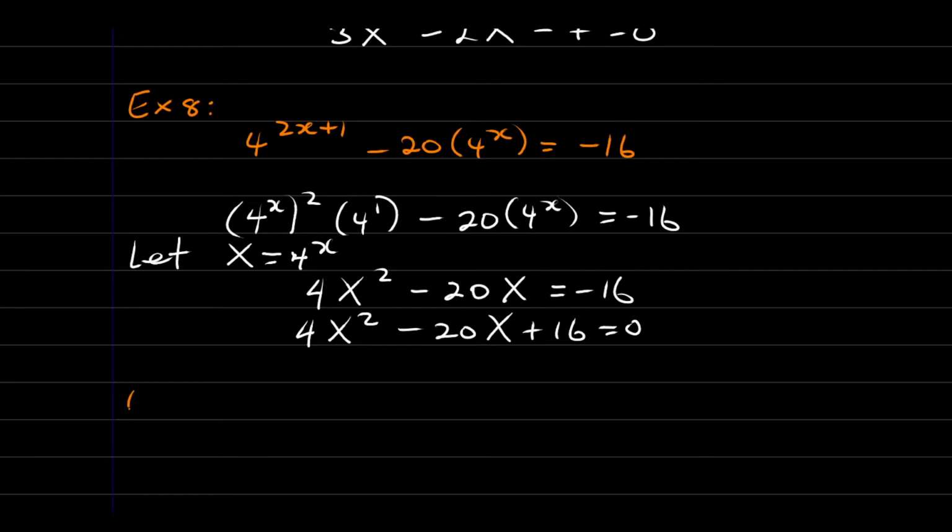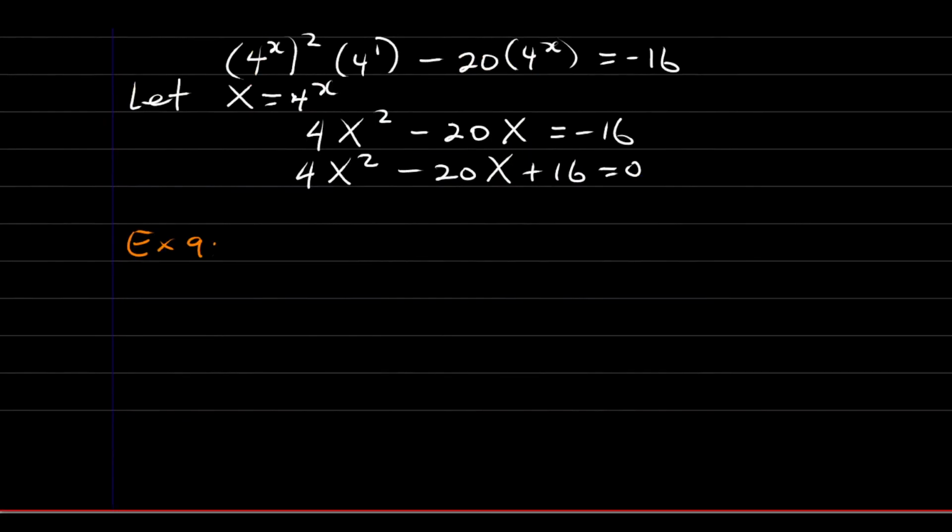Example number 9. We have root of x plus 5 equal to 2x. I'm going to rewrite everything in terms of root x. So I'm going to say root x plus 5 is equal to 2 root x, and this will be squared.